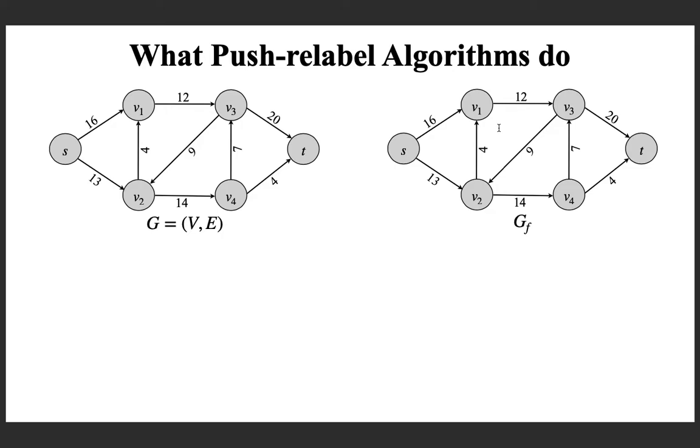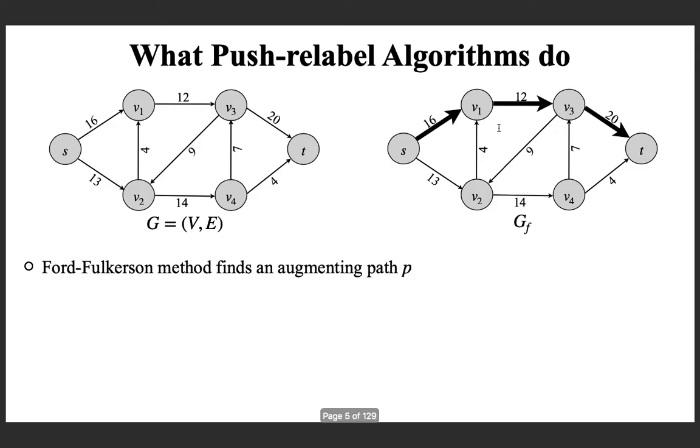And what a Ford-Fulkerson based algorithm does is, it finds an augmenting path and then it sends a flow through that augmenting path. The capacity here is 12, and that 12 units of material can travel to the sink from the source along that augmenting path.